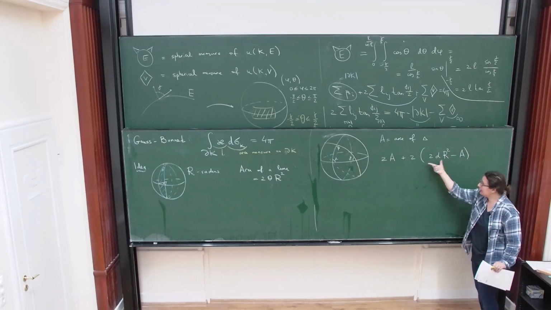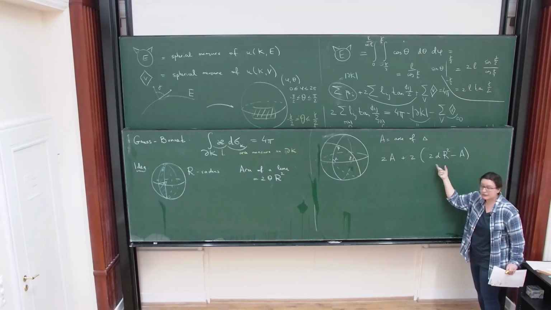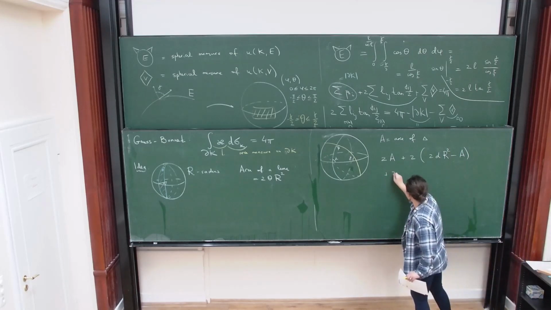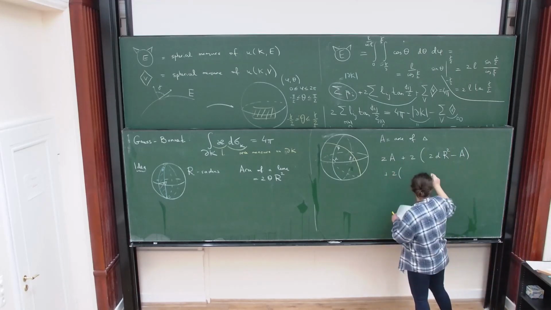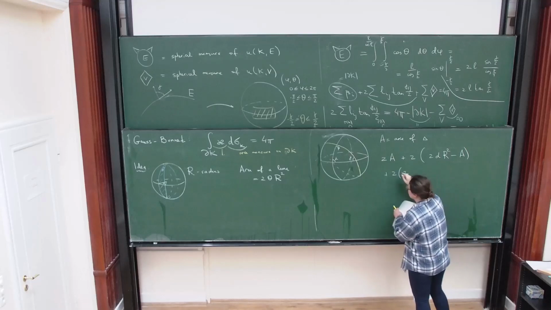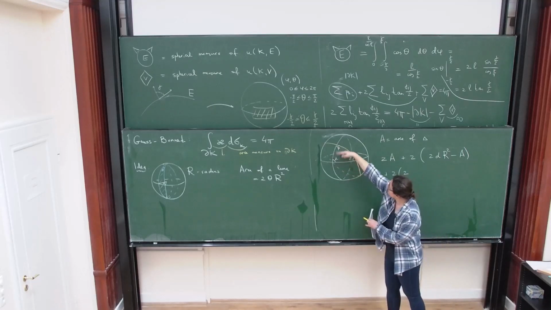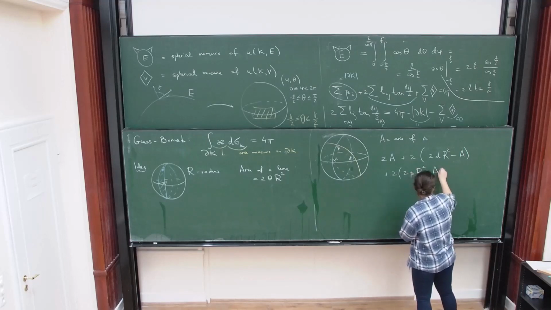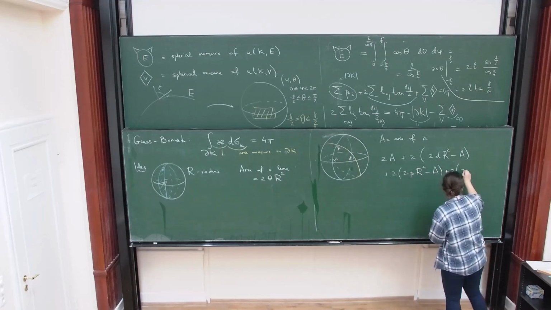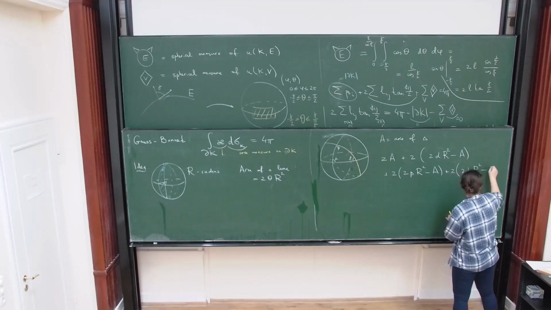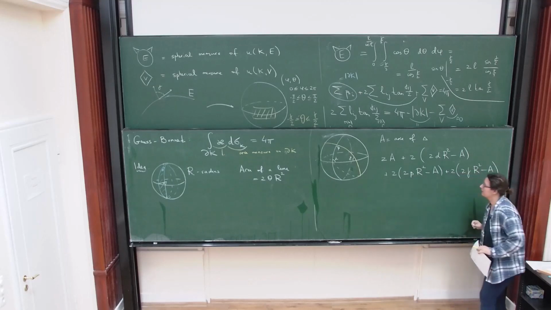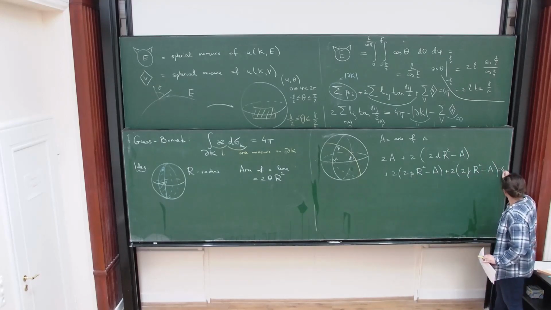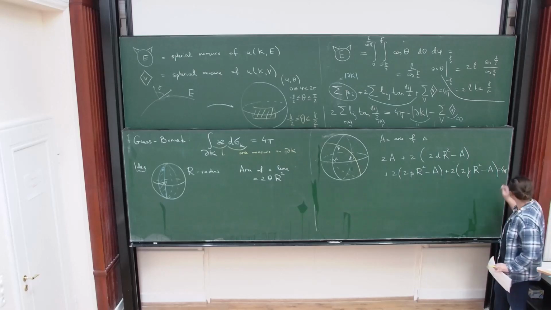Okay? But then the same I should repeat for each of such loons, right? So now I can take plus twice the area, let's say of beta, with blue and yellow. So beta minus the area, and plus twice the last one minus the area. Okay? So this should be equal to 4 pi r squared.